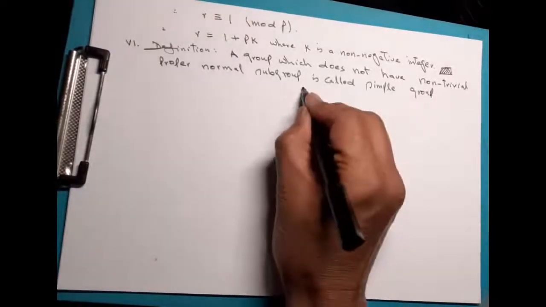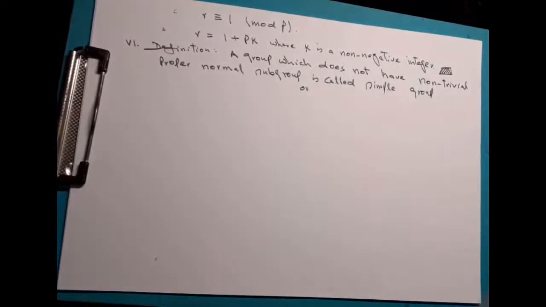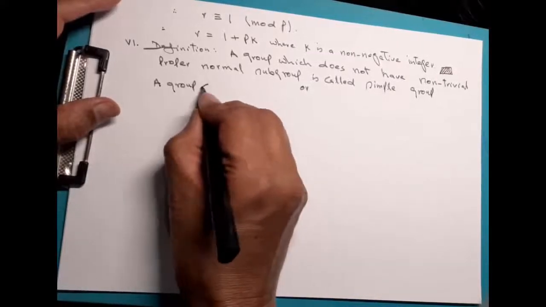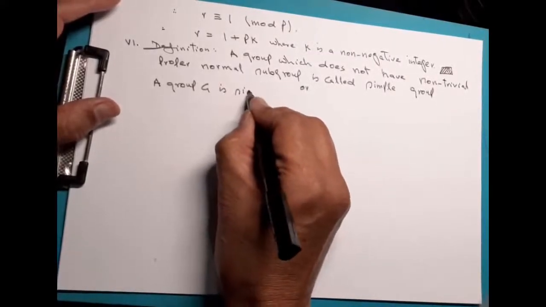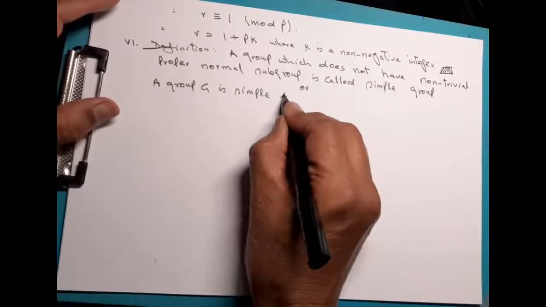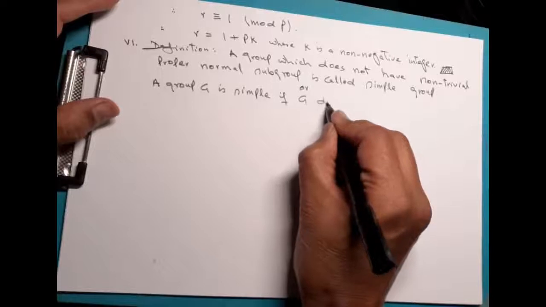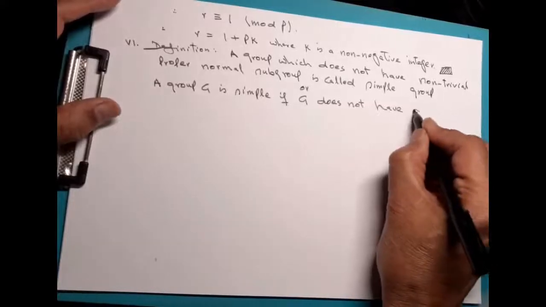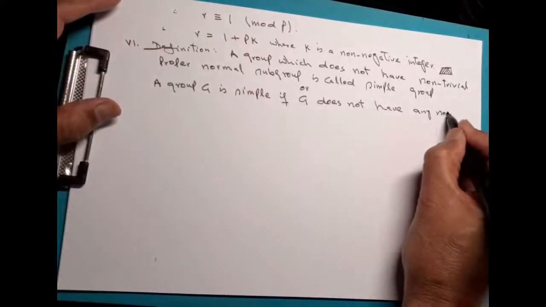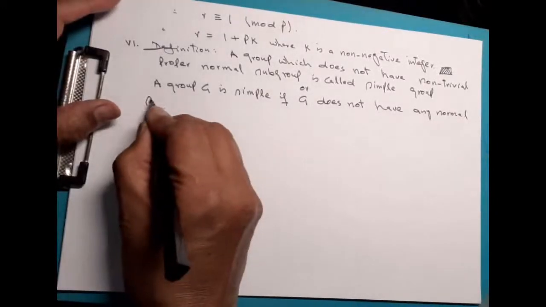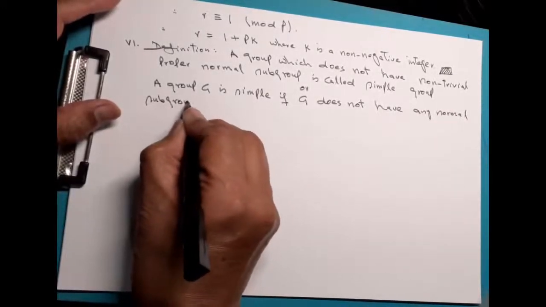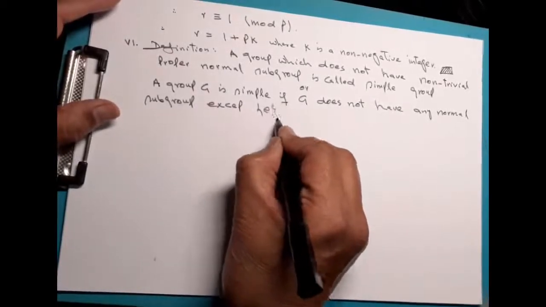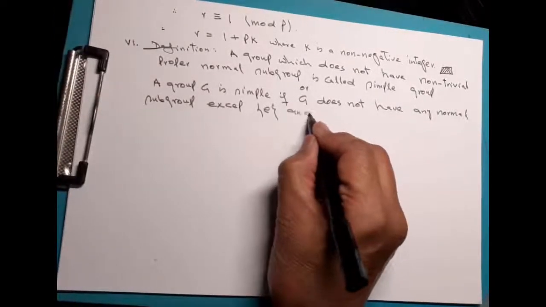Let's rephrase it. A group G is simple if G does not have any normal subgroup except the trivial subgroup and G itself.